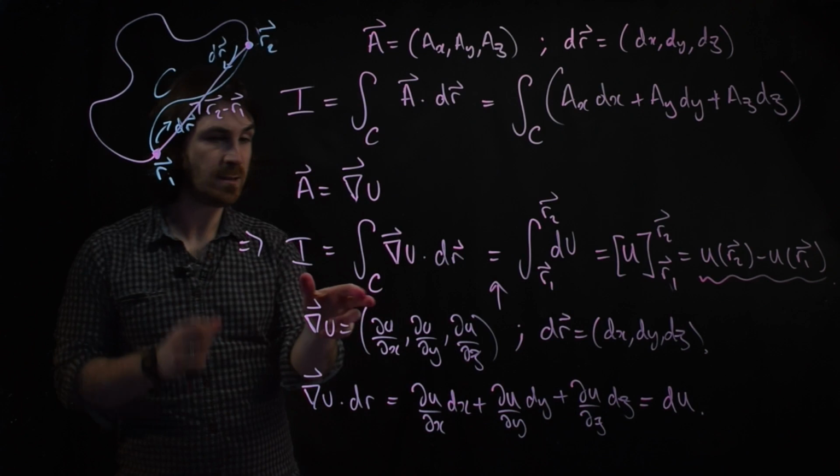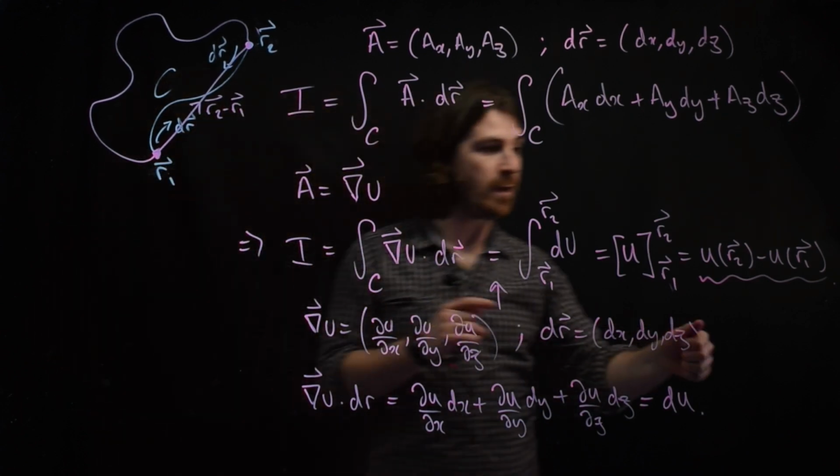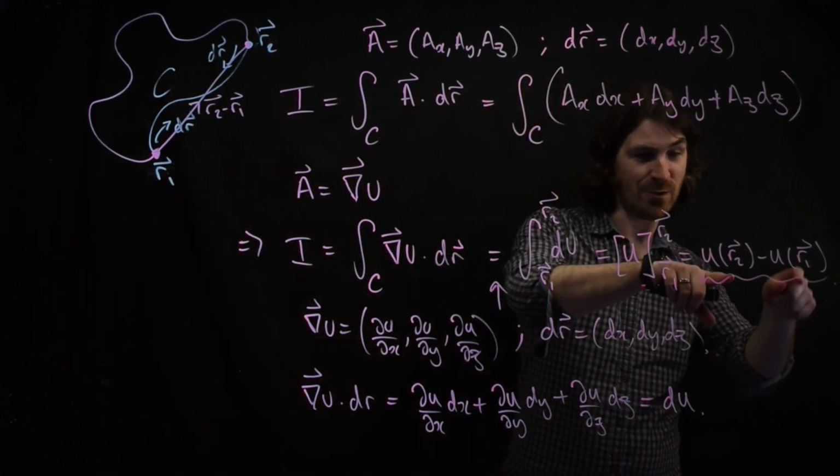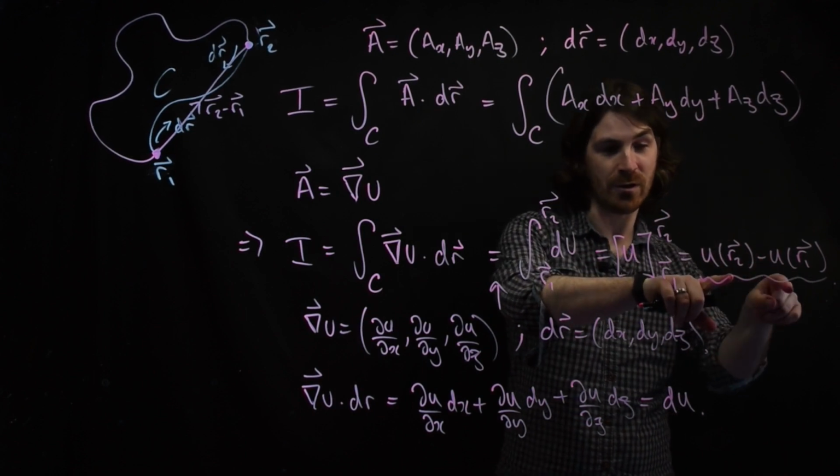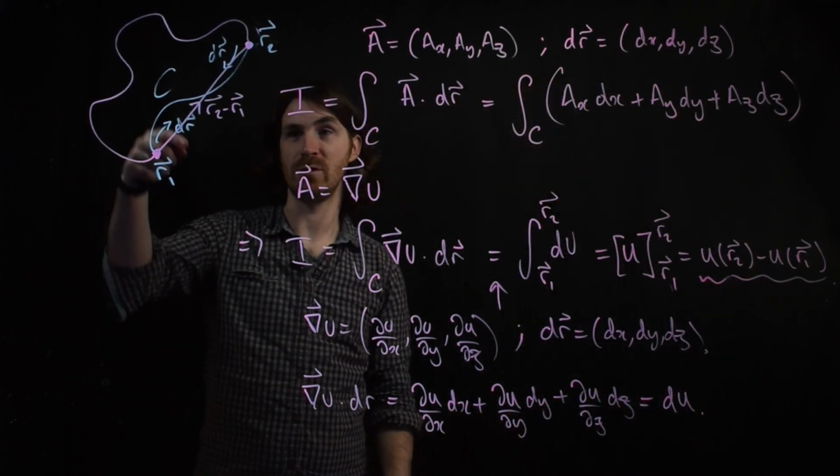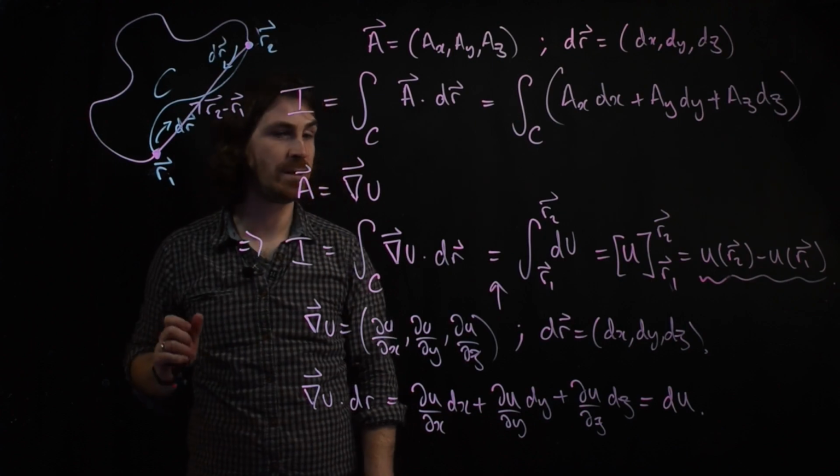So in this case, your line integral only depends on the values at the two endpoints and not how you got there, i.e. on the shape or the trajectory of the path you took to get there.